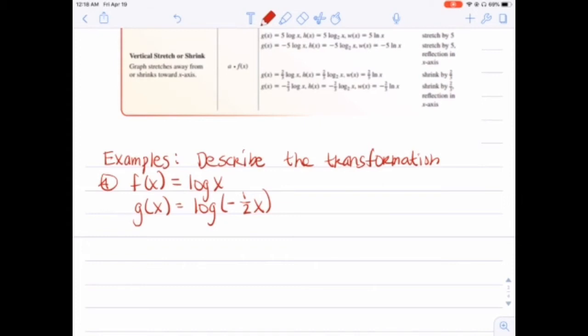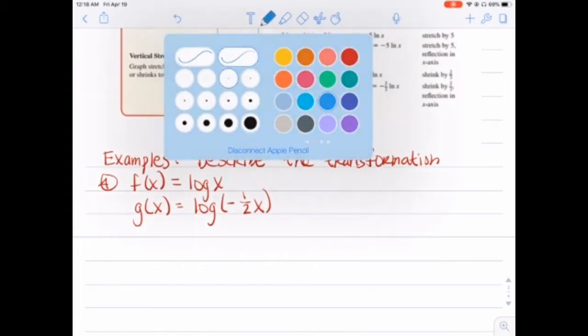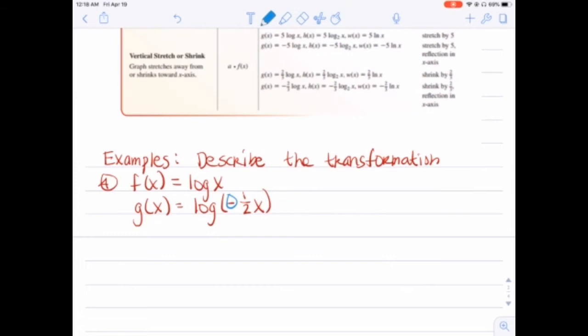They are a completely separate transformation. And so our first transformation is this negative. It is on the inside with x, so that means that it's affecting x values by reflecting over y. So we reflect over y with the negative inside the parentheses with x.